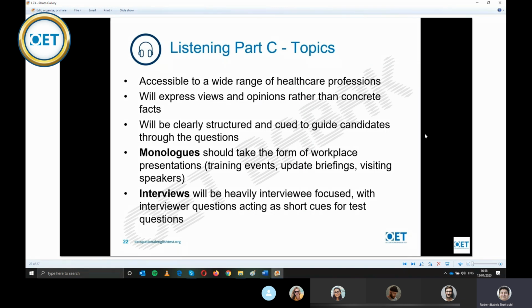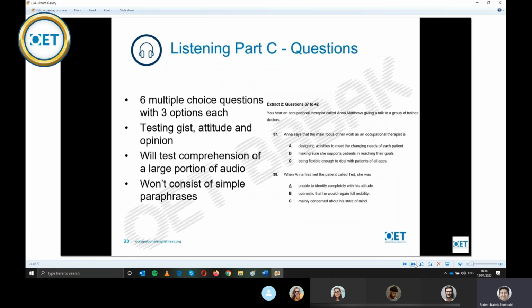And the monologues, it could be a lecture, a briefing, a training event, just something along those lines. Usually multiple choice questions. It's testing gist, attitude, and opinion. And you need comprehension of a large portion of audio.